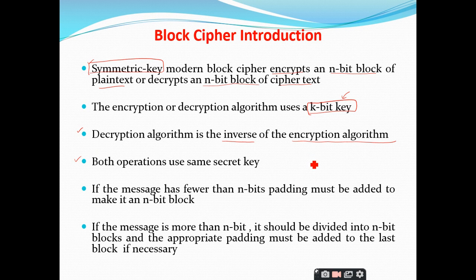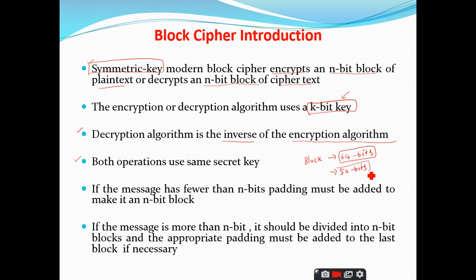And for example, I told you, what is the size of a block? As an example, what could be the size of the block? 64 bits, sir. 64 bits or more. For example, I have only 50 bits of data to be transferred. But every block should be 64 bits, right?